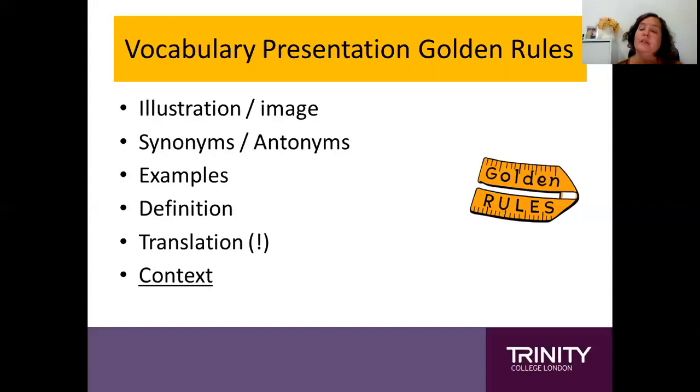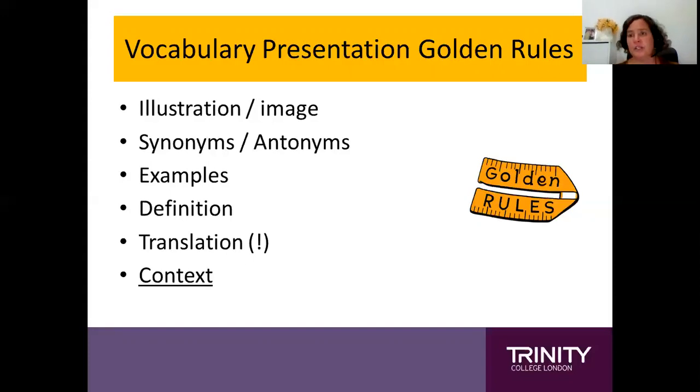Something else that you can use to present vocabulary is using synonyms and antonyms or opposites. Not only will this enlarge their vocabulary, but it will help students make connections, like connect one word with another. And this type of vocabulary activities in which students have to classify and put together, they really benefit vocabulary acquisition.